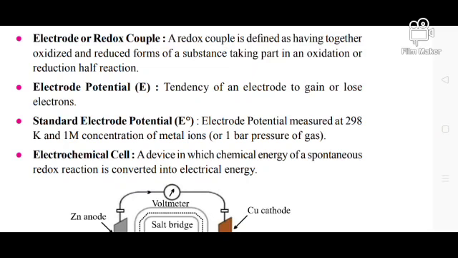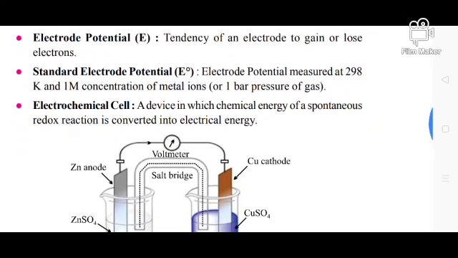After that, the standard electrode potential, which is abbreviated as E naught. The electrode potential is measured at 298 Kelvin and 1 molar concentration of the metal ion, and 1 bar pressure of the gas. When these conditions are satisfied, we can say it is the standard electrode potential.